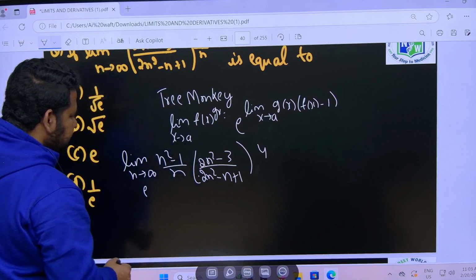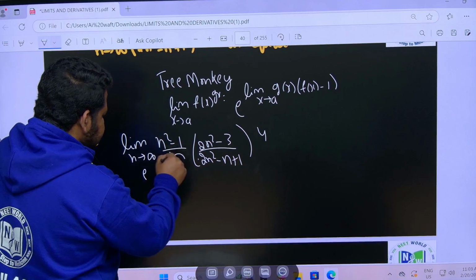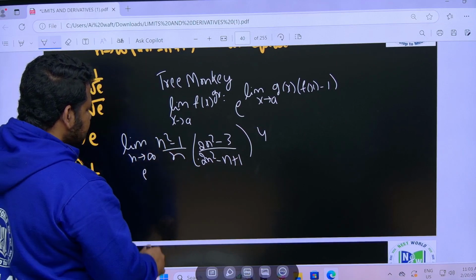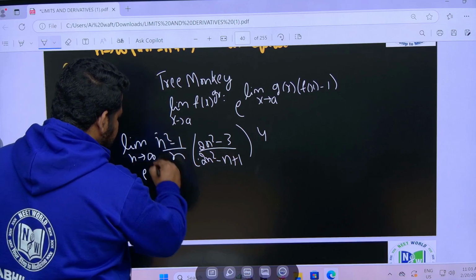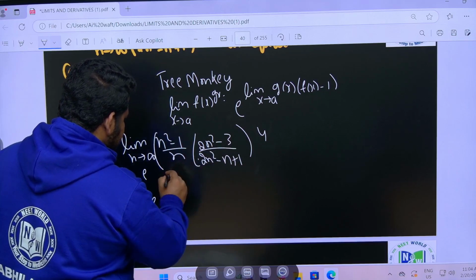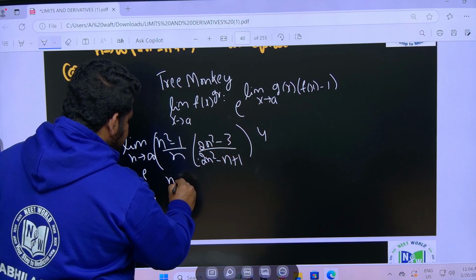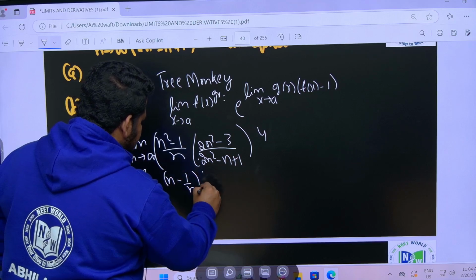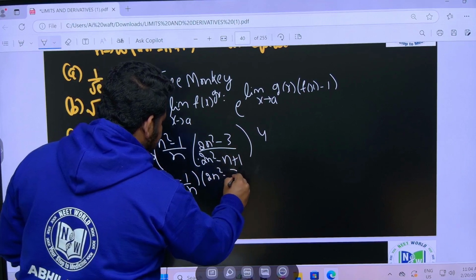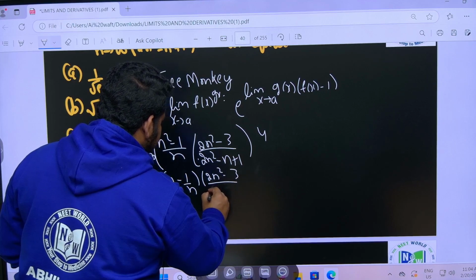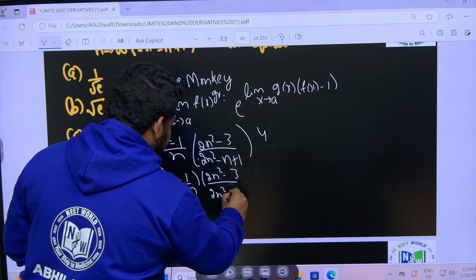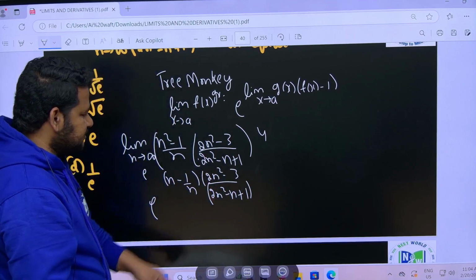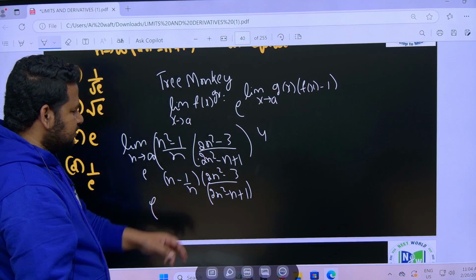Let me divide by n. If I divide by n, I will get e power n minus 1 by n into 2n square minus 3 by 2n square minus n plus 1. So here it is n cube, here also n cube.